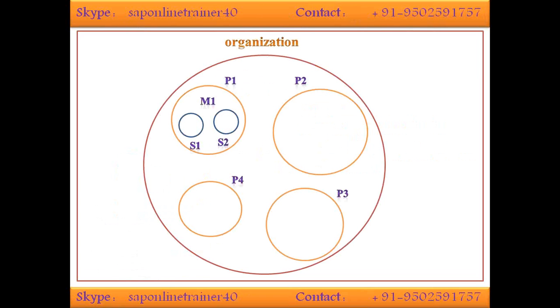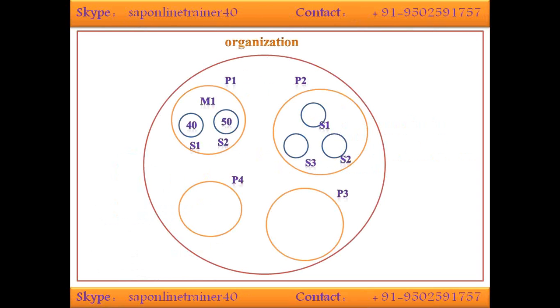Now our material M1 is present in plant P1 at storage location S1 with quantity 40 kgs. And also M1 is present in plant P1 at storage location S2 with quantity 50 kgs. Likewise, we have another plant, P2. P2 also consists of some storage locations such as S1, S2 and S3.